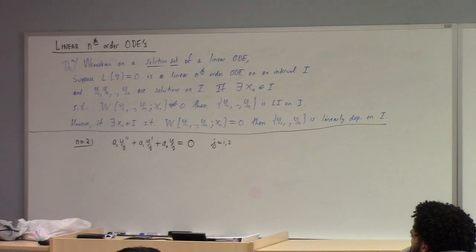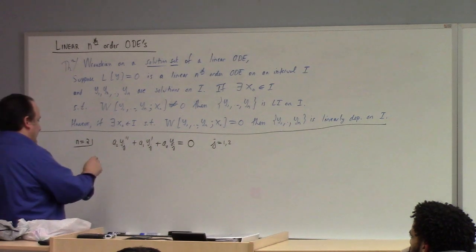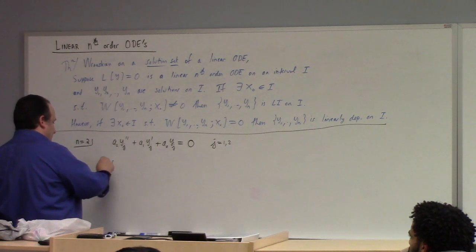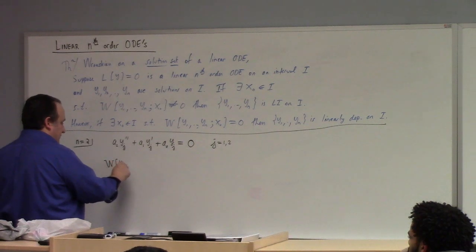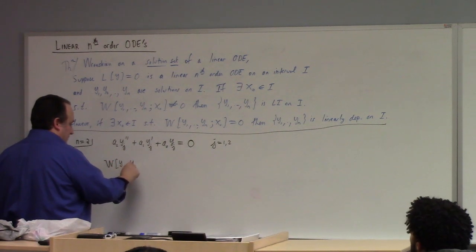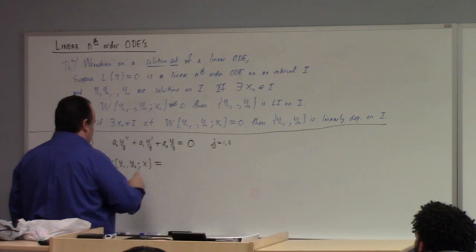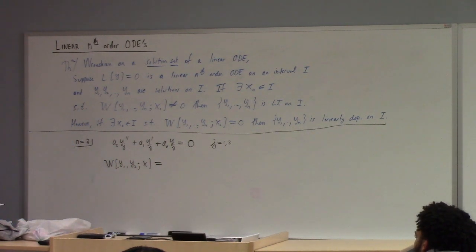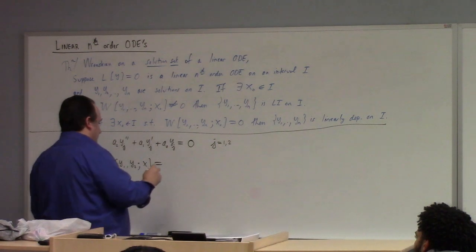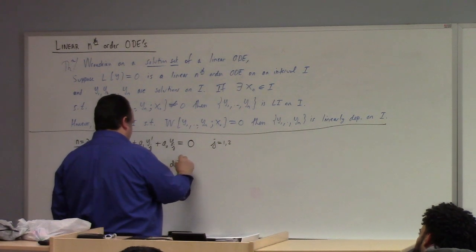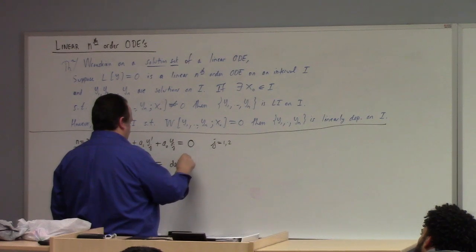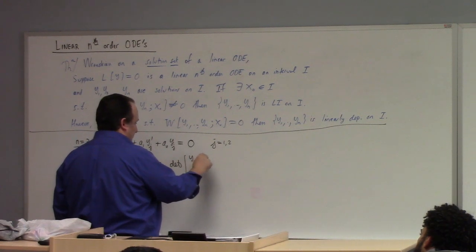Now I want to calculate the Wronskian for these two functions, because that's what captures their linear independence. So what is this equal to? We have y1, y2, y1 prime, y2 prime.